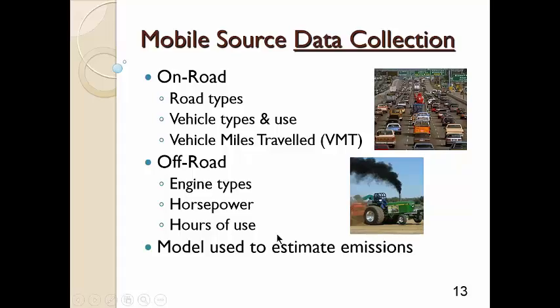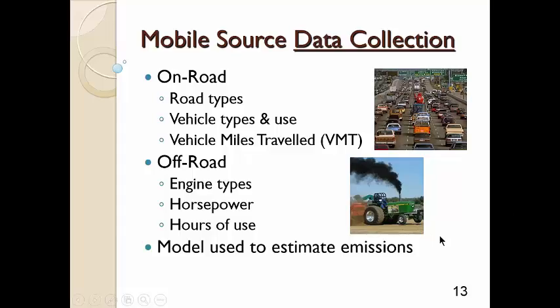Off-roads are simpler, but I think, based on unit in general, they produce more pollution, which is amply demonstrated by this smokestack looking thing that's coming off of this tractor, because the emission controls and the requirements aren't as strict for off-road.